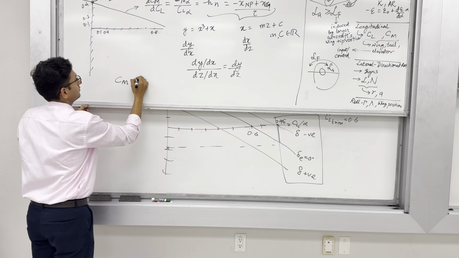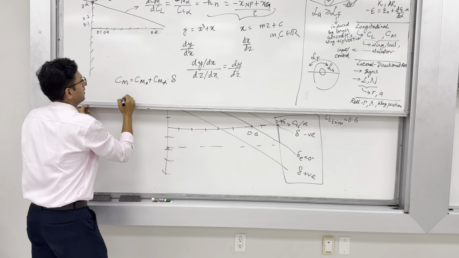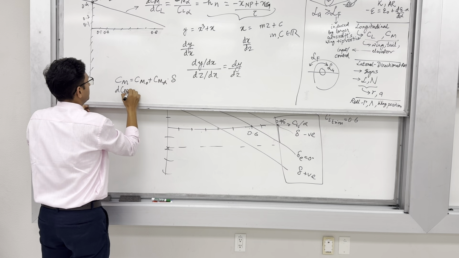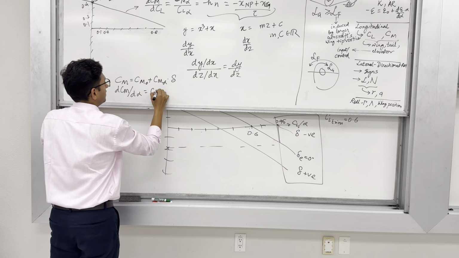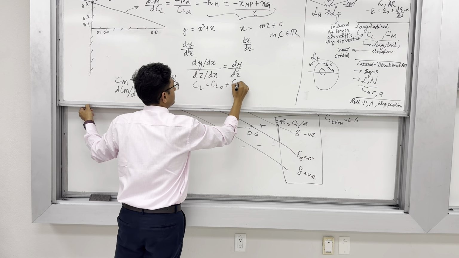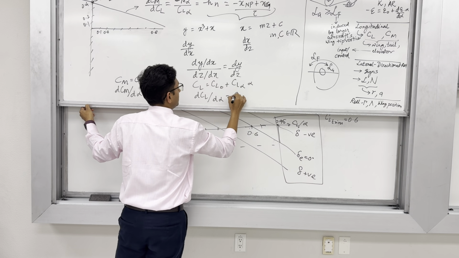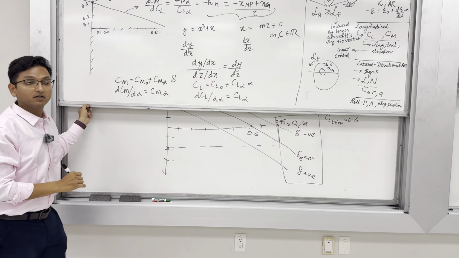Cm is equal to Cm naught plus Cm alpha times alpha, which means that dCm/d alpha is Cm alpha. Cl is Cl naught plus Cl alpha times alpha, which means dCl/d alpha is Cl alpha, right?